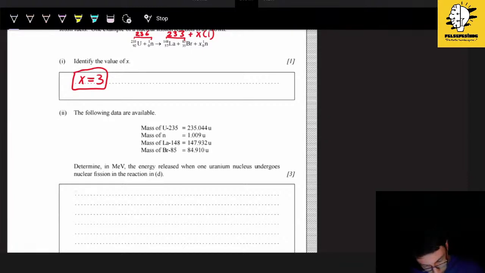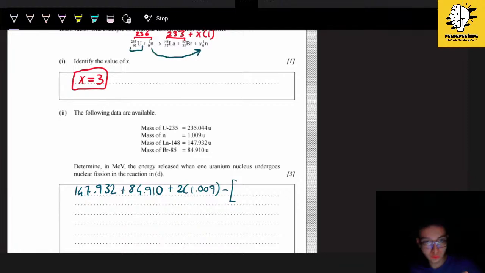For lanthanum, 147.932 plus, for bromine, we have 84.9110 and plus 3 neutrons, right? Okay, I will just say 2 neutrons because there is already one on the other side. 2 times 1.009 minus this part. I already subtracted this one from here, so this is why I wrote 2.